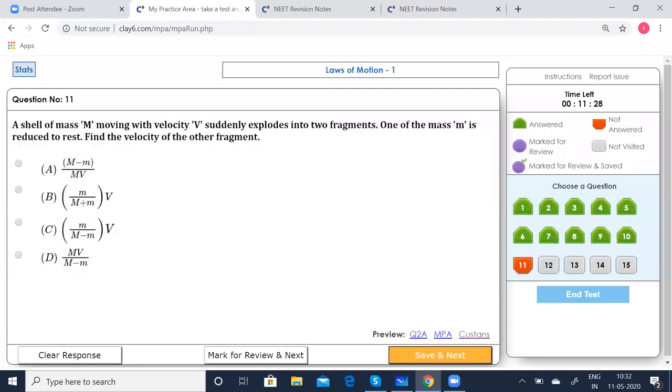Okay. Next, a shell of mass m moving with velocity v suddenly explodes into two fragments. One of the mass m is reduced to rest. Find the velocity of the other fragment. Let us quickly solve this.